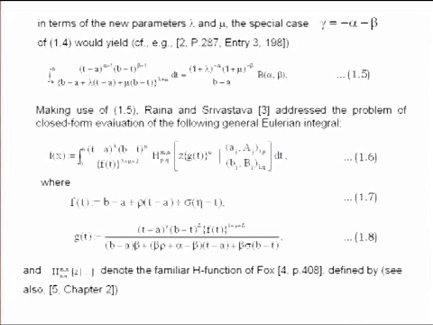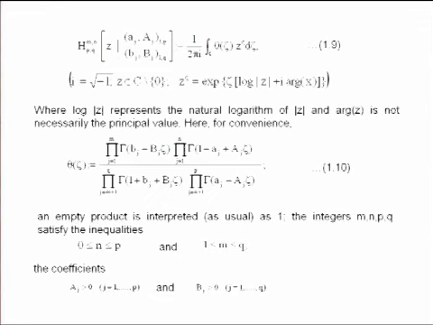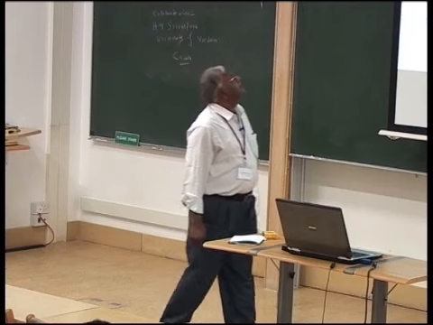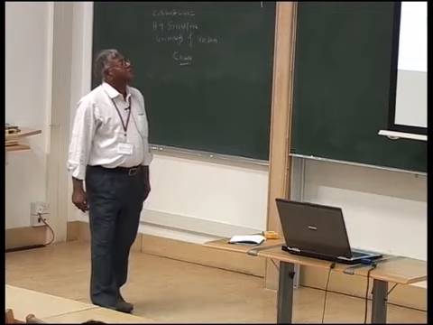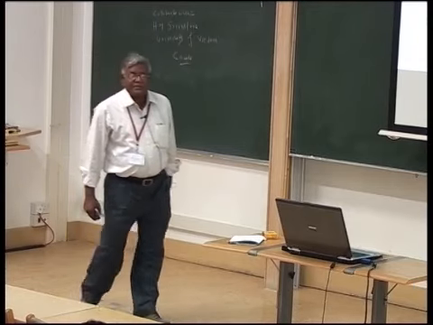Here we know that the H-function, defined by Fox in 1961, is defined by this equation: H^(m,n)_(p,q) of z is equal to 1 over 2 pi i times the integral over L of theta(zeta) z^zeta d zeta.